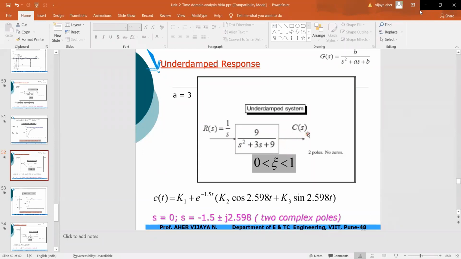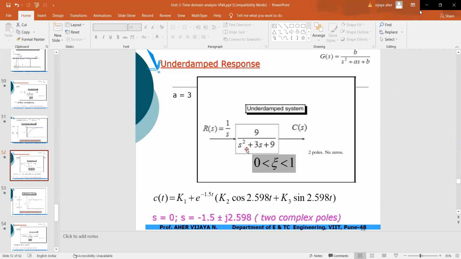C of s, you are supposed to write C of s is equal to 1 by s into 9 divided by s square plus 3s plus 9. This is an underdamped system. Now find out the constants by partial fractions. First of all, you have to write the roots for s square plus 3s plus 9. You will get 2 roots because the power is s raised to 2.